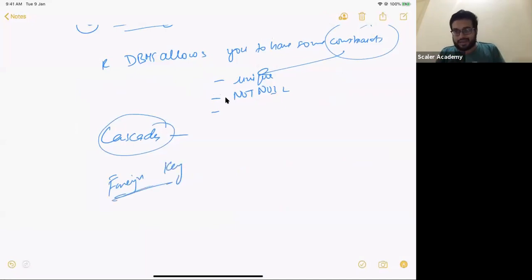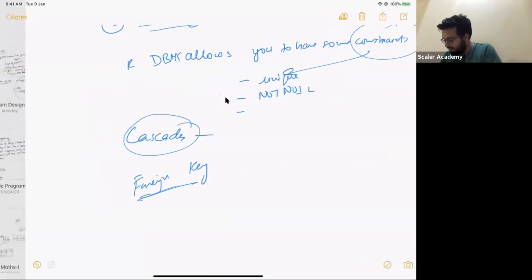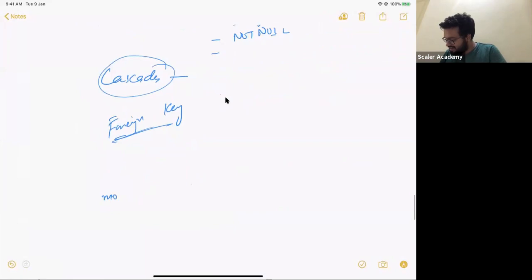So let's assume there are multiple tables, right? There is one table which talks about movie ID, movie name, movie duration. This is one table.